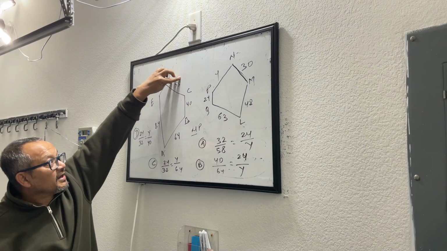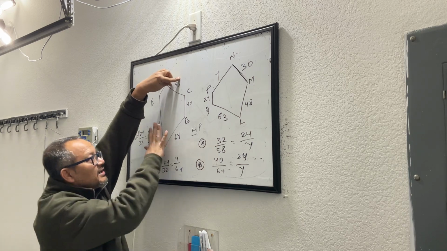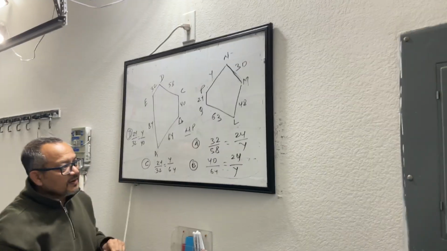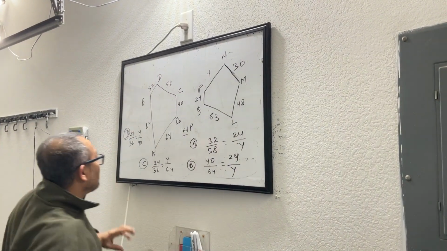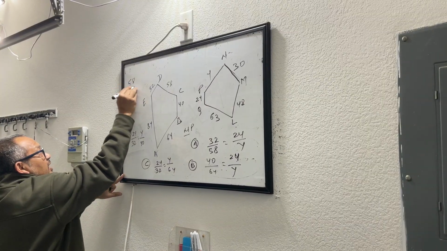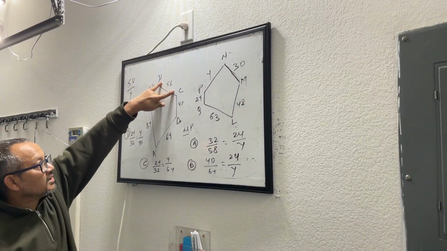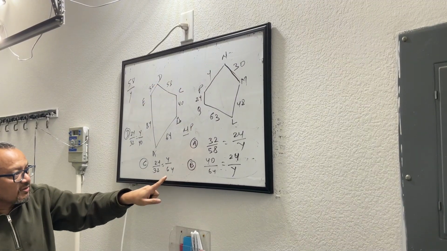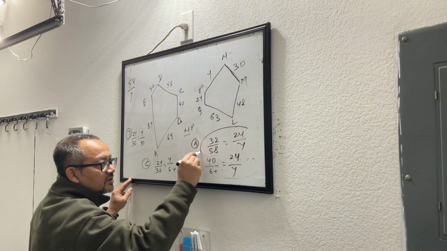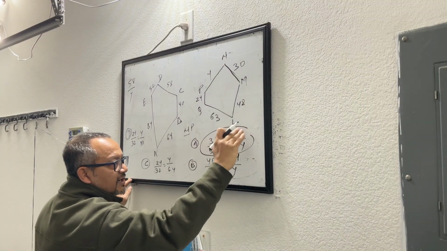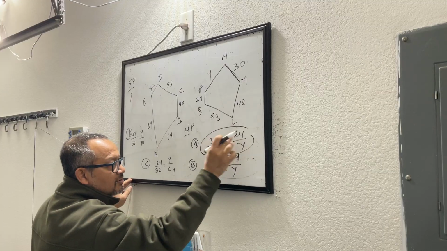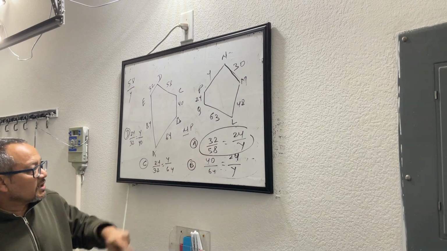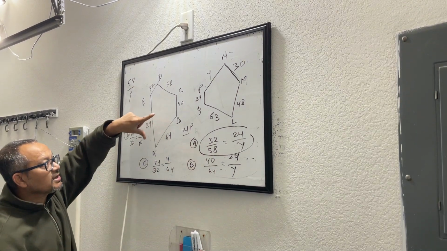So 58, if you pick this side, 58 by Y. I'm picking up the third side by Y. Look at all the options where you'll get 58 by Y. This is the only option where when you move 58 to this side, it will become 58 by Y, and that will be equal to 32 by 24.